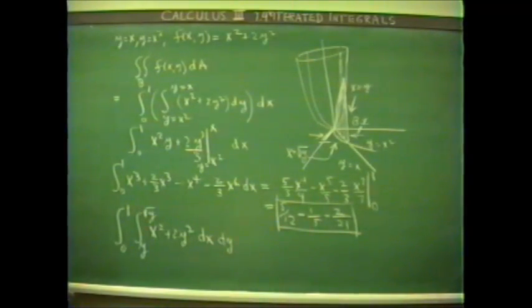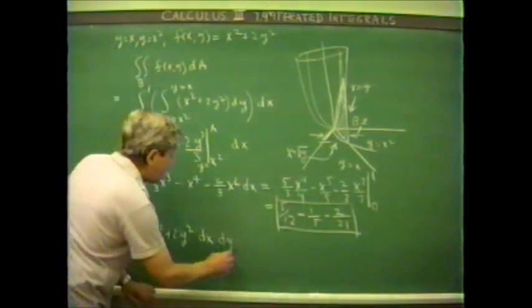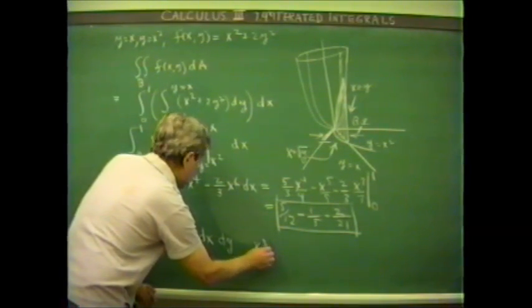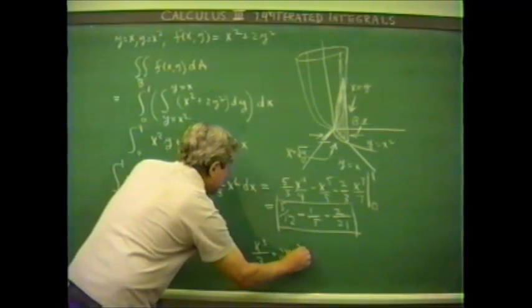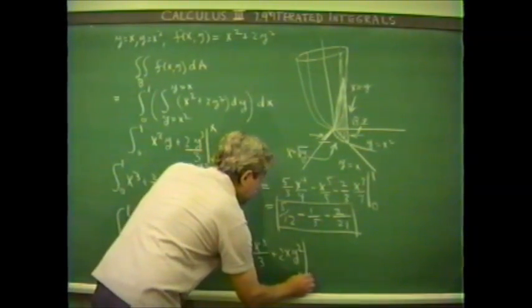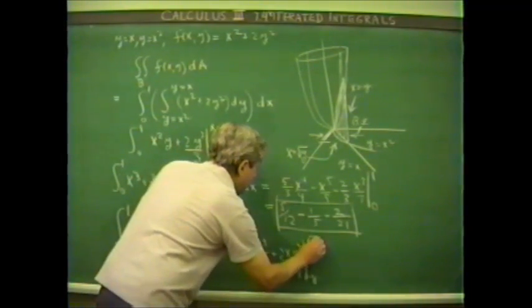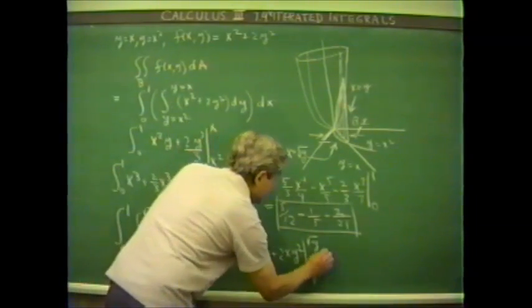All right? And now we integrate with respect to x first, so we get x cubed over 3 plus 2xy squared. We evaluate that then from x equals y to x equals the square root of y, and then integrate from 0 to 1.